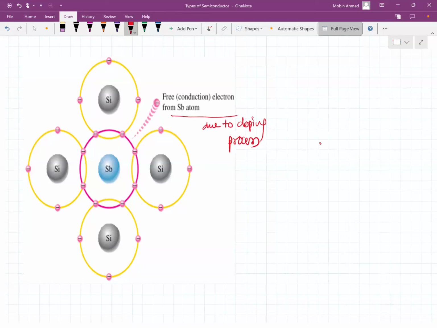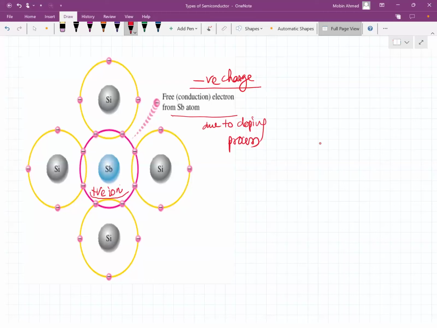Because the electron has moved from here, this Sb is going to become a positive ion. This is a positive ion because the electron has already moved from it. And wherever the electron is going, that area will become negatively charged.